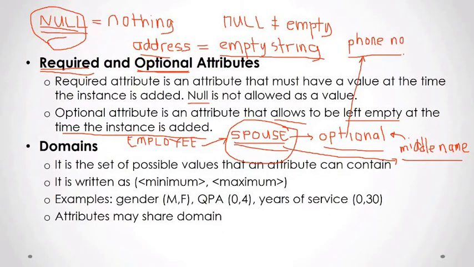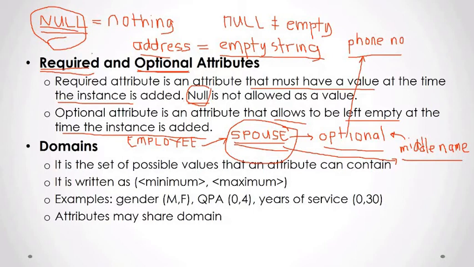Okay? So the opposite is required. It is an attribute that must have a value at the time the instance is added. So when you add the record, that particular attribute should have a value other than a null. Okay, null is also a value, but this is not allowed.